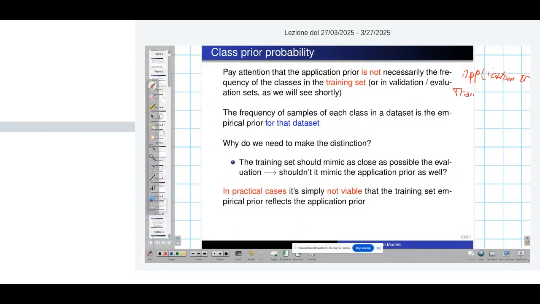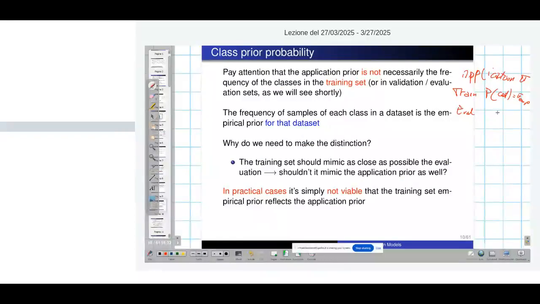We have the training set empirical prior. And then we have the evaluation and validation set empirical priors, which themselves may be even different. So each data set will have its own prior. We want our models to be as independent of the prior as possible, so that then we can change the prior as we need, and things will still work nicely.